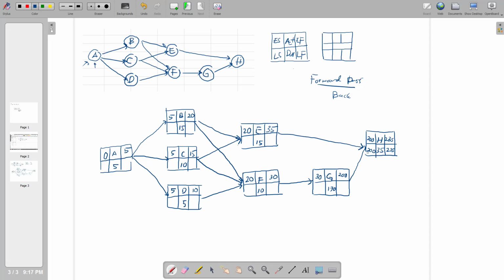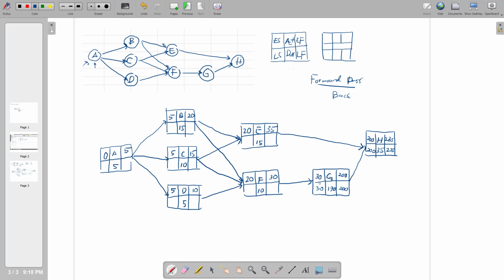Okay, so 200 from the late start, we will then transfer it to the late finish. So it will be right here, 200. 200 minus 170 will be equal to 30.